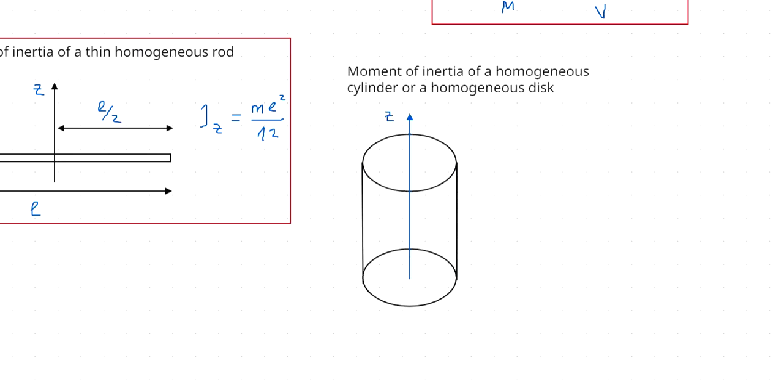This is z, and the radius is r. Radius is r, and here it is necessary to make a dash line, because this line is hidden from us.